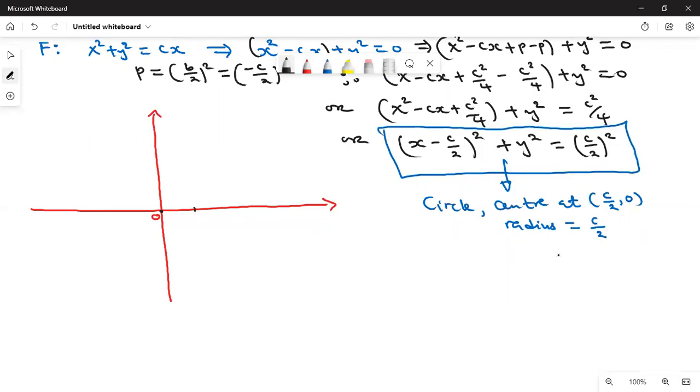Center is 1, 0, radius is 1. So it is this kind of a circle. Again, if c is negative 2, you'll find another circle here. As you continue increasing c, this circle will increase in radius, and even the center will shift.